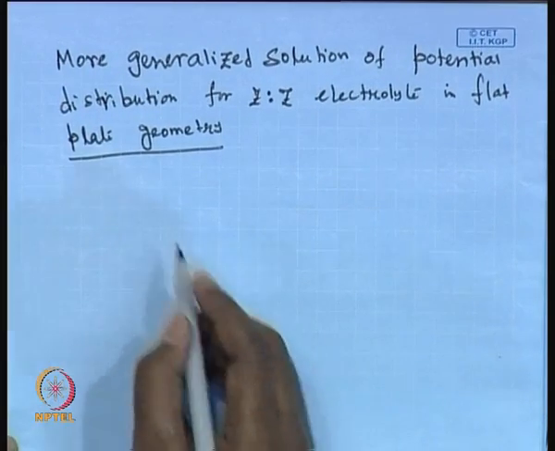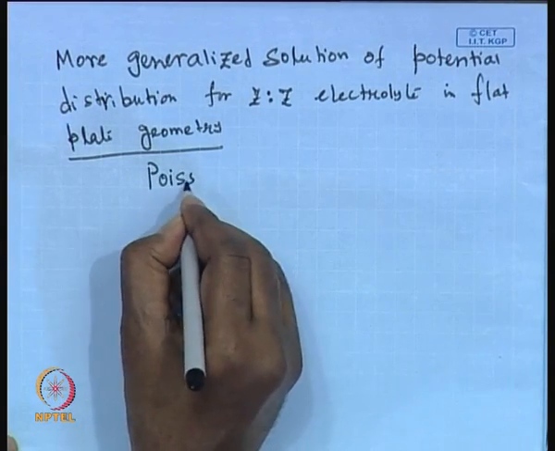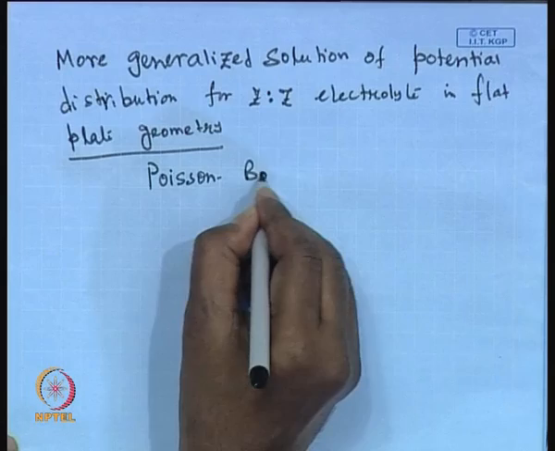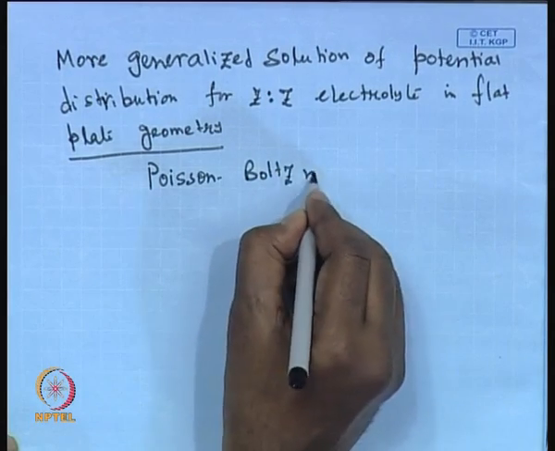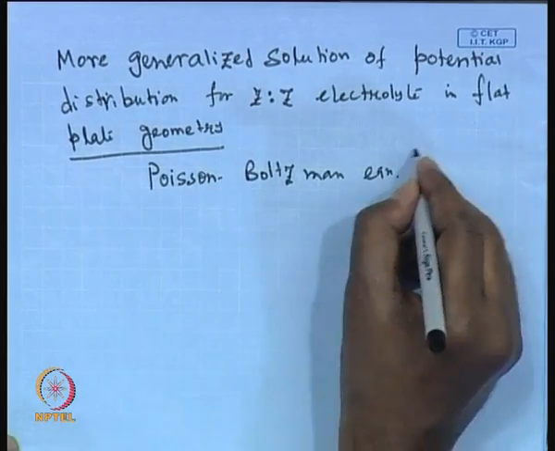Okay. So, we write down the Poisson-Boltzmann equation for Z is to Z electrolyte.